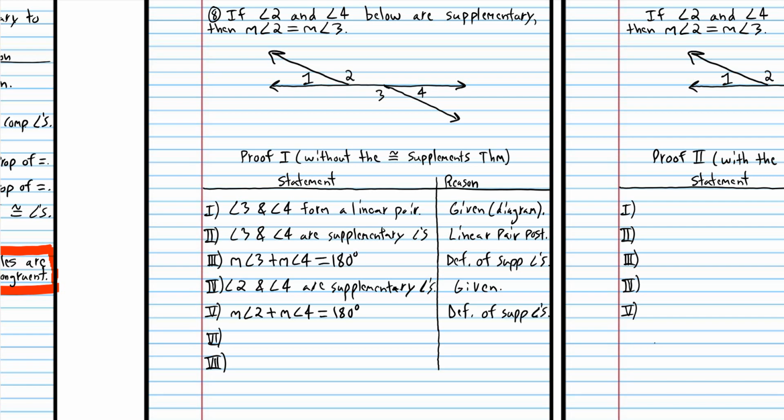And so now you can see what's going to happen. These two expressions are both equal to 180 degrees. So therefore, they must be equal to themselves. So the measure of angle 3 plus the measure of angle 4 is equal to the measure of angle 2 plus the measure of angle 4. Transitive property of equality.